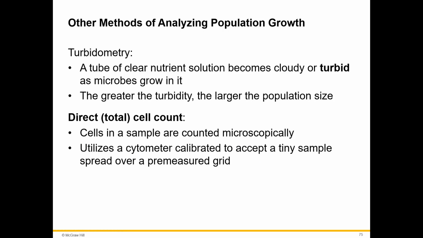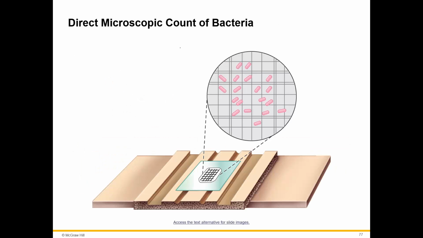You can also perform a direct or total cell count, and you can count cells in a sample microscopically. This is a picture of what that looks like. So you're going to put a known concentration of cells on here, and then you're going to count. So you put 10 microliters, for example, on this counting plate, and then you're going to start to count bacterial cells.